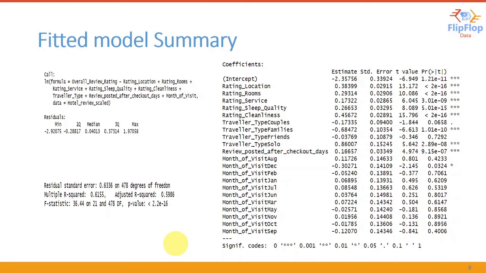And the number of parameters, that is number of independent variables, is 21 over here. If you count, this will give you total 21 independent variables. So 500 minus 21 minus 1 gives us 478 degrees of freedom.